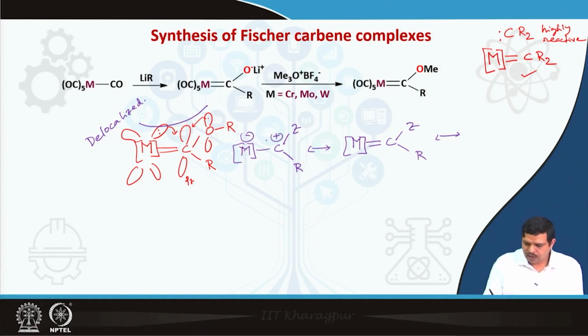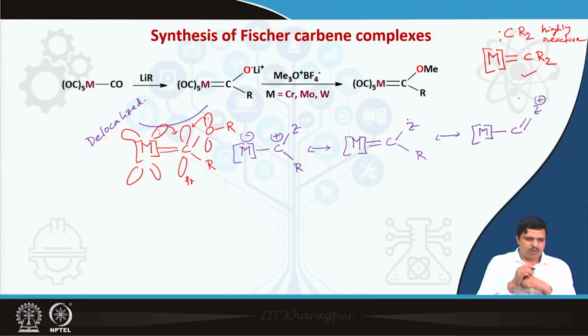Another one: this has a lone pair, and what is a heteroatom like oxygen and nitrogen, so this will be Z plus, and this will be minus.